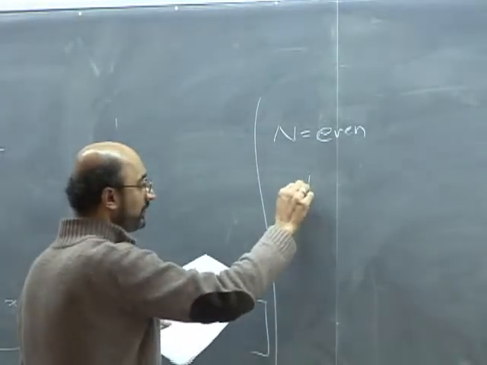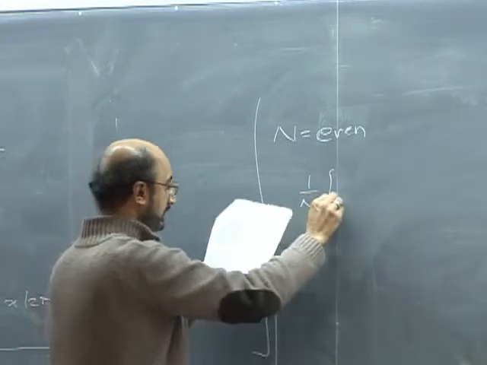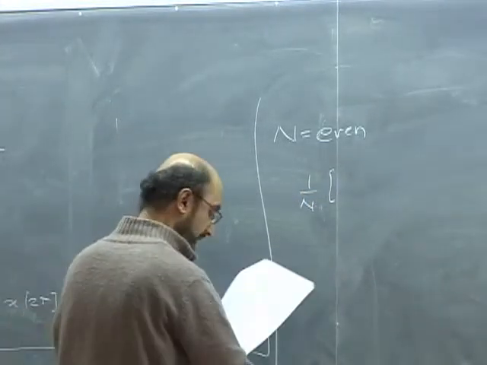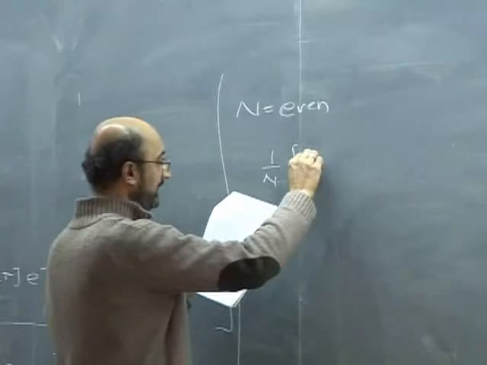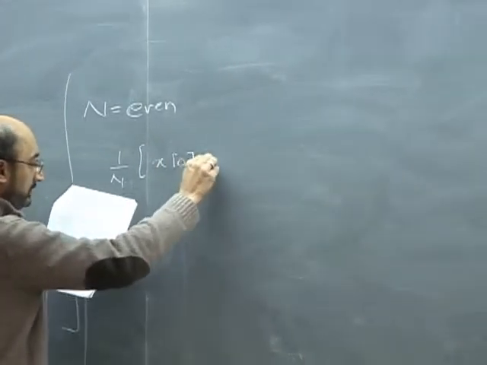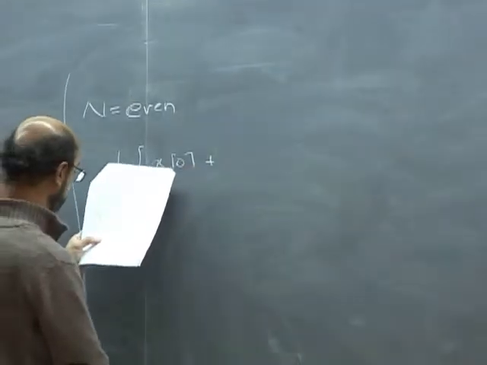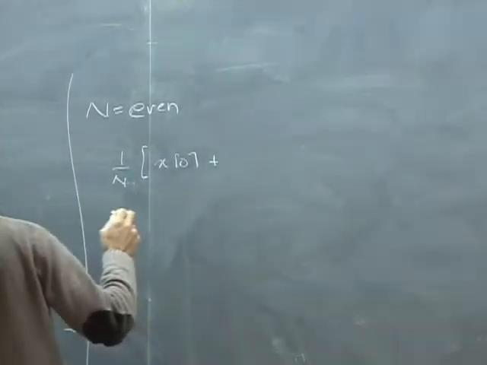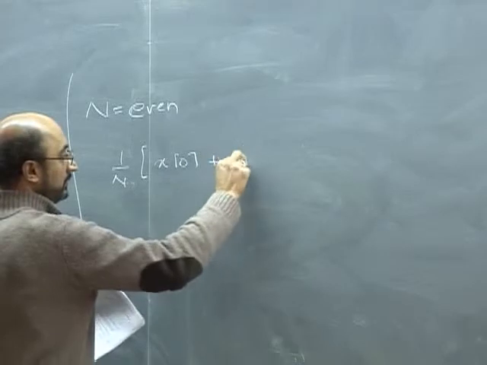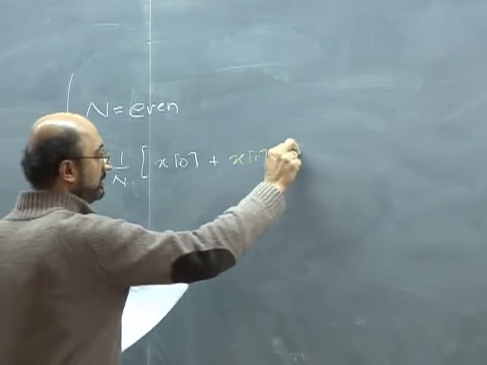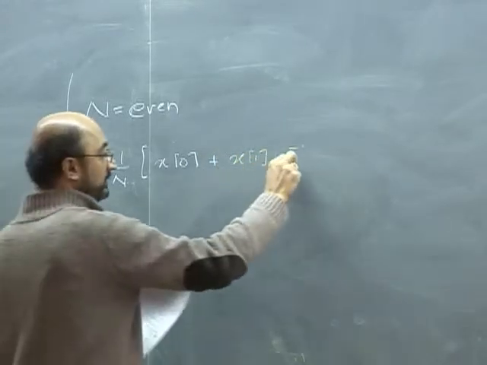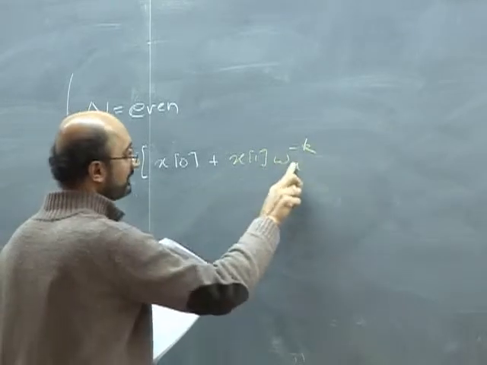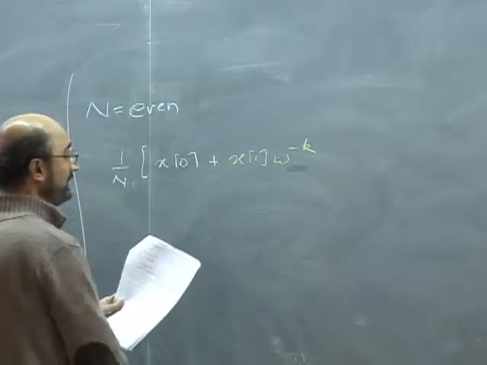So we're going to write this as 1 over n. Let me just use the colors here because it will make life easier. I'm going to write this as x0 plus x1 omega to the minus k. In fact, I'm going to skip the n just to make life easier, so you don't even need the n.